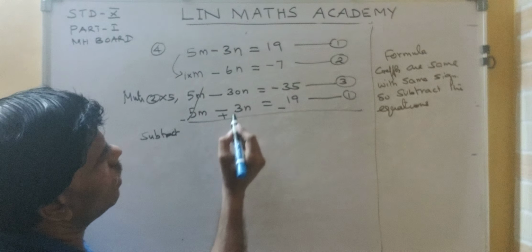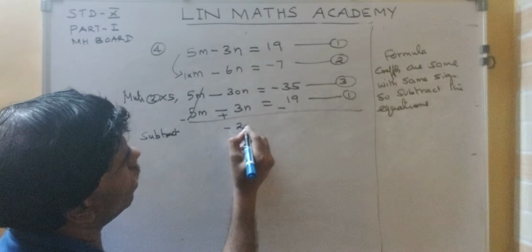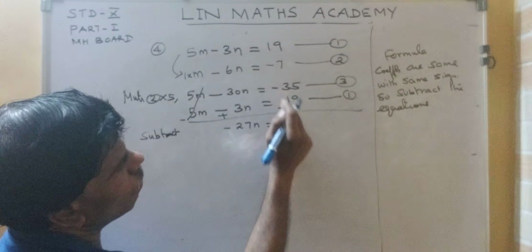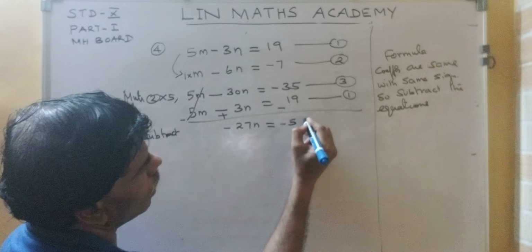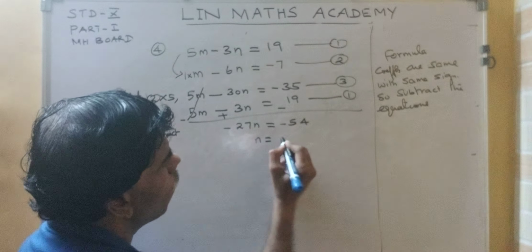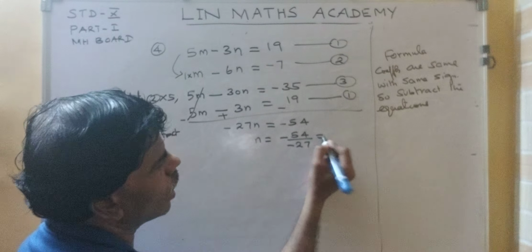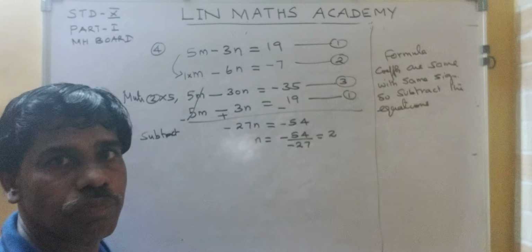So it gets cancelled. Minus 30n plus 3n minus 27n equal to minus 54. So what is n? Minus 54 upon minus 27 gives you 2.